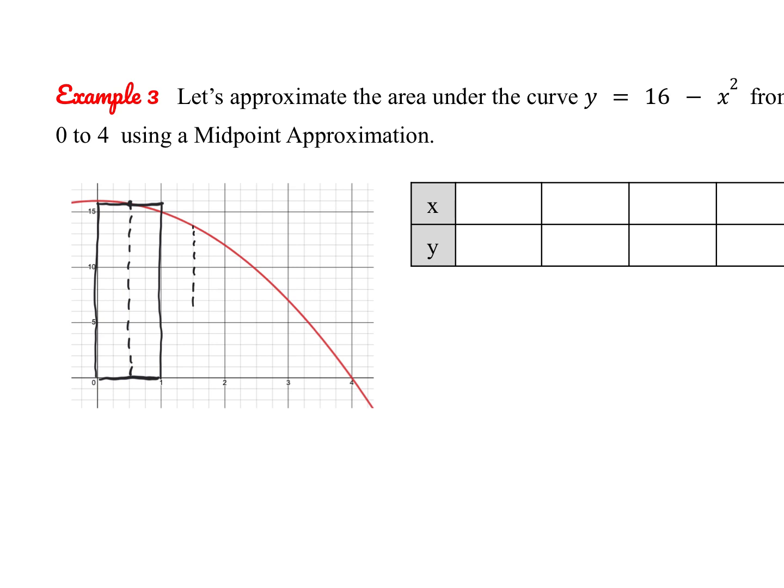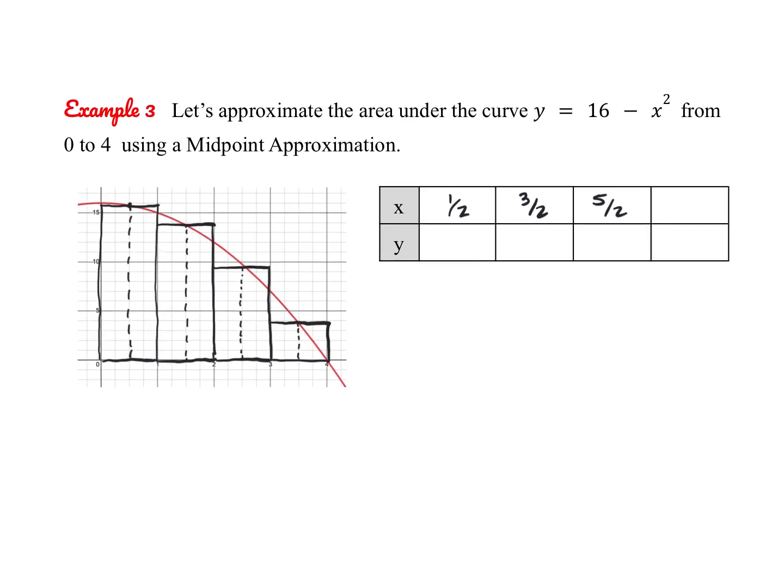Whatever that height is on our curve, that's where our rectangle will be. And then the midpoint of 2 and 3, so at 5/2, that's going to be the height of our rectangle. And then 7/2 right here. To help us find those heights, we will plug in 1/2, 3/2, 5/2, and 7/2 into our function.